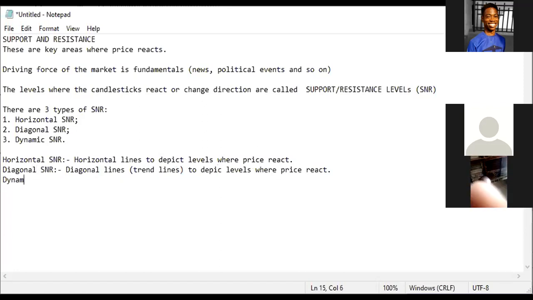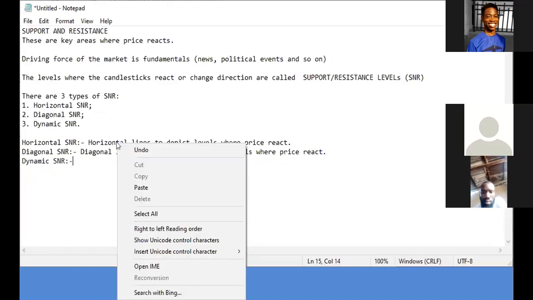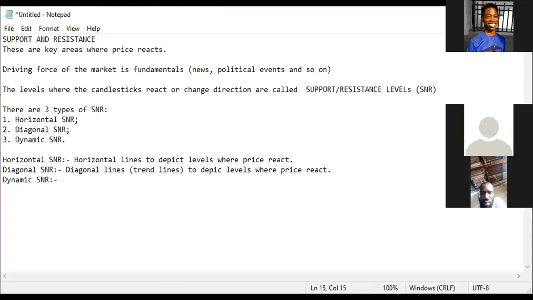Then your dynamic support and resistance. Let me just drop the examples.